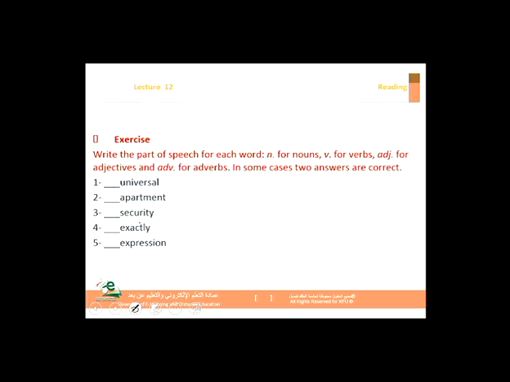Transportation, so trans, across. Universal, unicorn. Yeah, so we have thousands of examples. Uni is one. Unique as well, the word unique, one of a kind. All right, now let's look at this exercise.